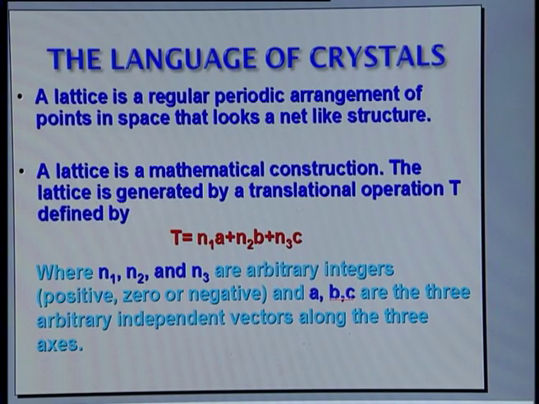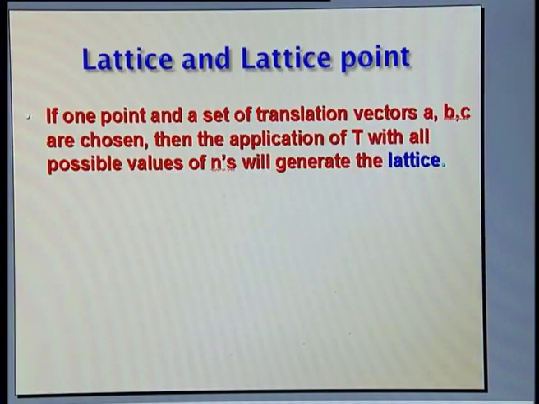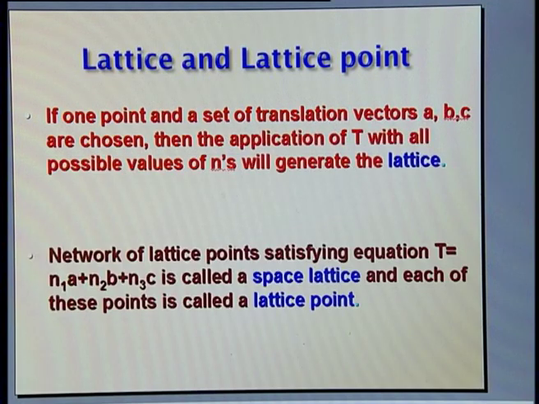Each point is called a lattice point in this particular lattice. This is the basic definition of lattice and lattice point. Sometimes this lattice is also called the space lattice, because we are imagining a set of points in three dimensional space.